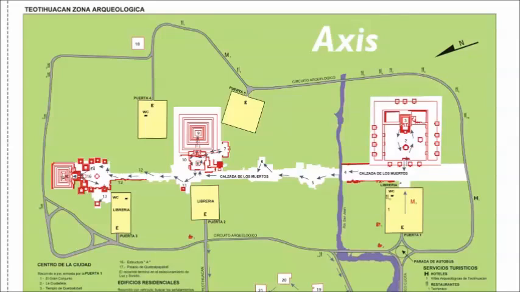So here we're looking at a plan view of Teotihuacan, and this is the archaeological zone, Teotihuacan, outside of Mexico City. And Teotihuacan was an ancient civilization and was in the pre-Columbian era, so a Mesoamerican civilization that predated the Aztecs. Now eventually the Aztecs inhabited this area and actually gave it the name Teotihuacan.